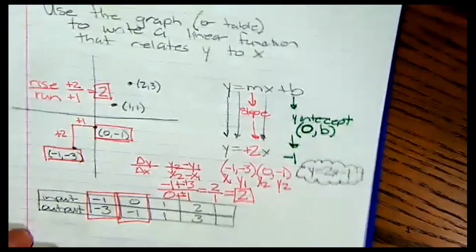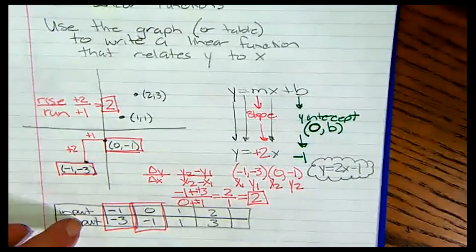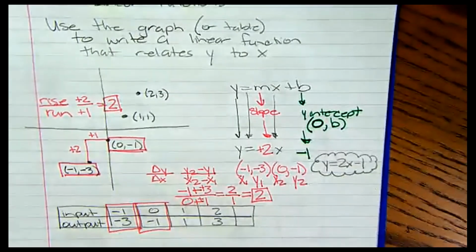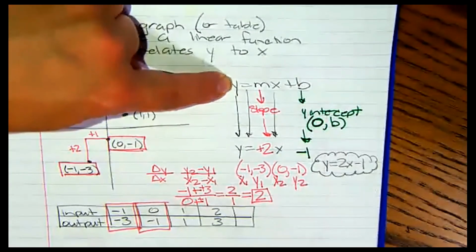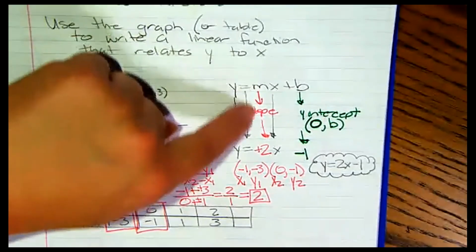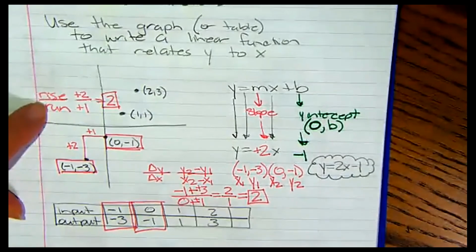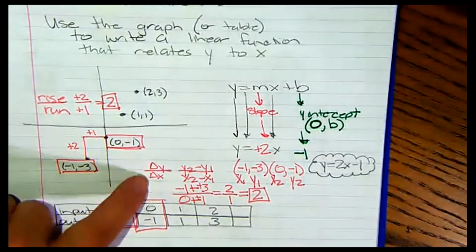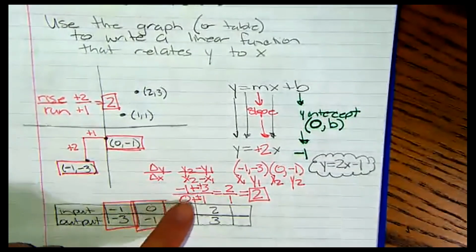And last but not least, the book will give us a graph or a table, then ask us to figure out what the linear function is. So we know that it is y equals mx plus b. We know m is our slope, and we have 2 ways of finding slope: rise over run, or the change in y over the change in x, y2 minus y1 over x2 minus x1.